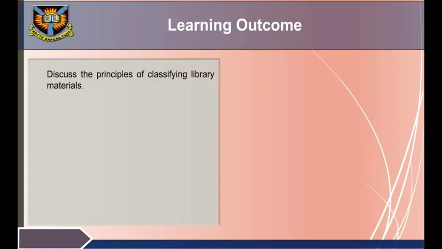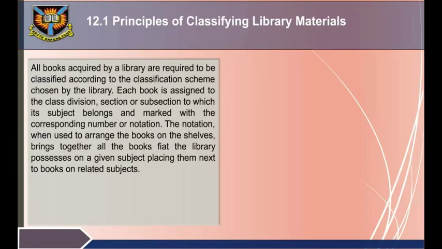Learning outcome. Discuss the principles of classifying library materials. Principles of classifying library materials. All books acquired by a library are required to be classified according to the classification scheme chosen by the library.